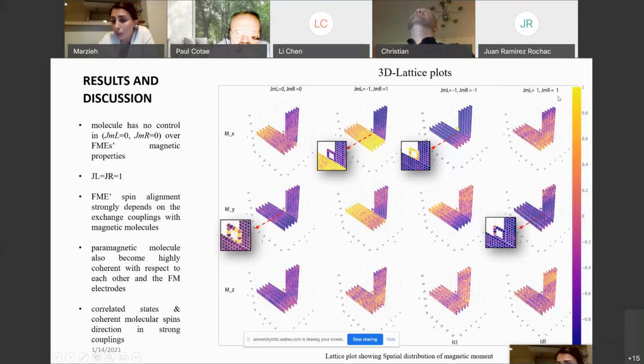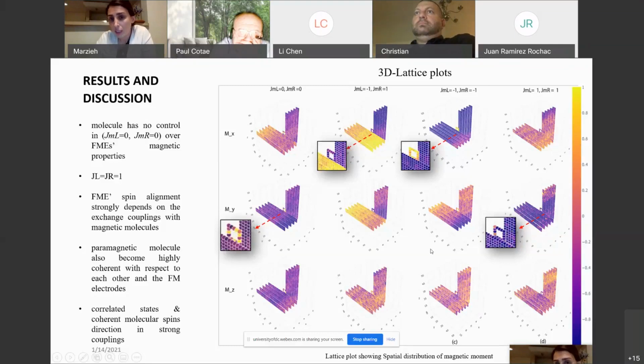And in the 1, 1 case, when we have ferromagnetic coupling of the molecule with the electrode, we see that all of them take the same color, which means that the molecule has induced ferromagnetic couplings on the two electrodes, and it has also a strong correlation with the electrodes.